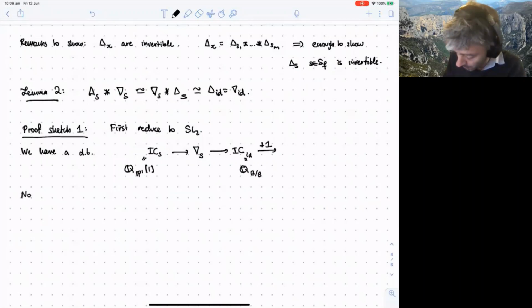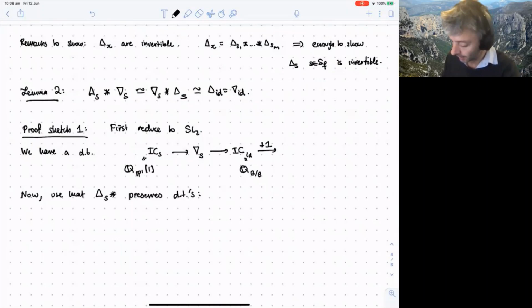And now we use that this preserves distinguished triangles. So we get, and remember that this is the monoidal unit, so we get simply delta S here.